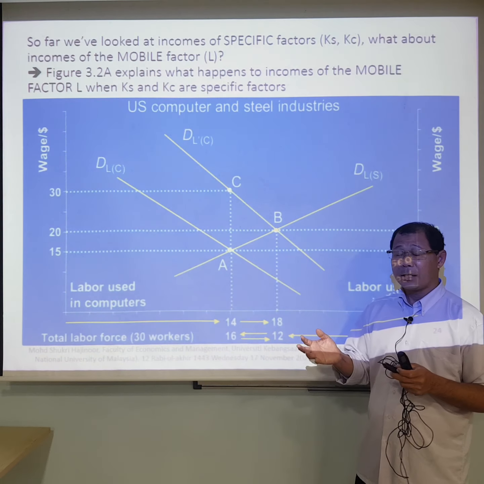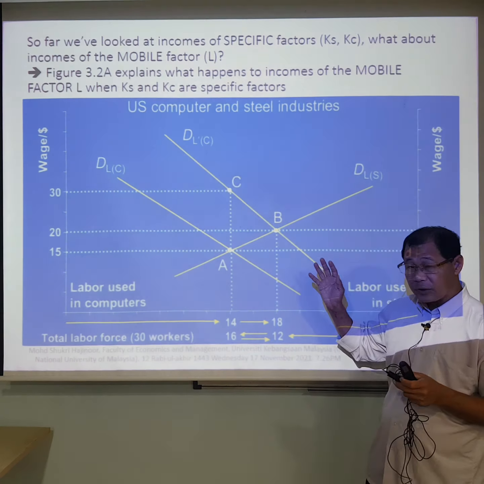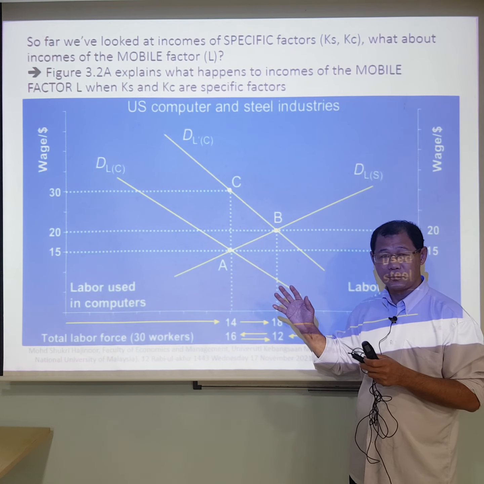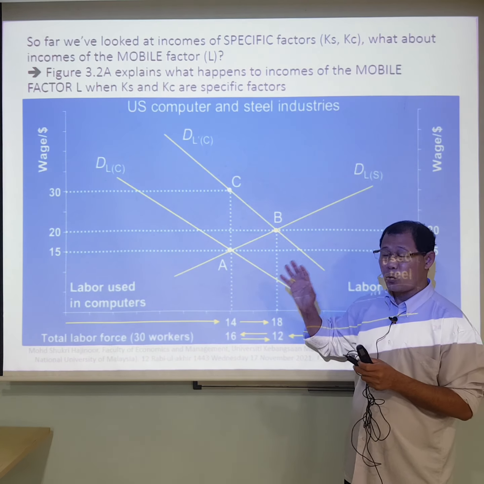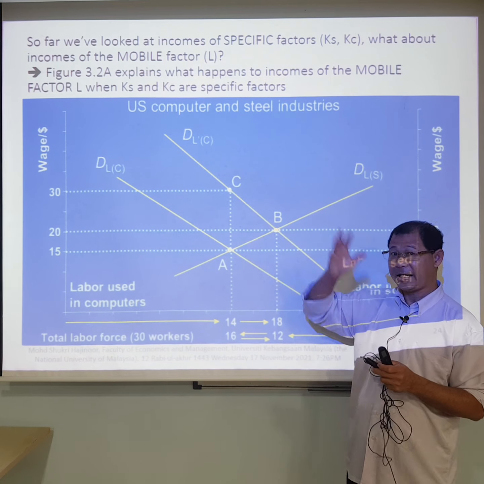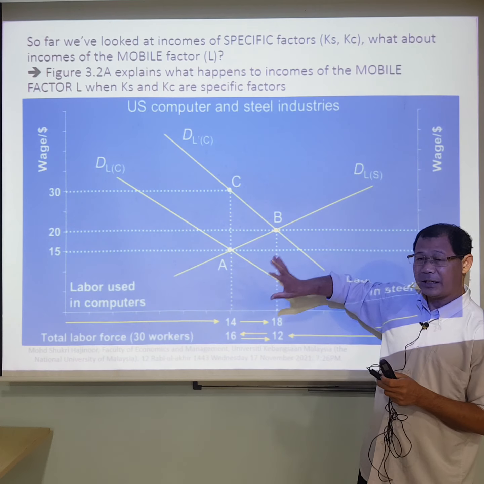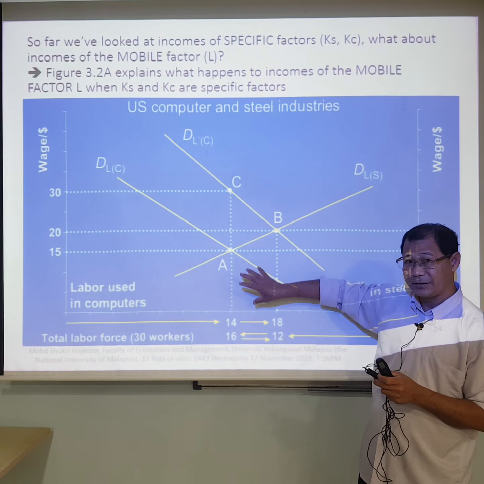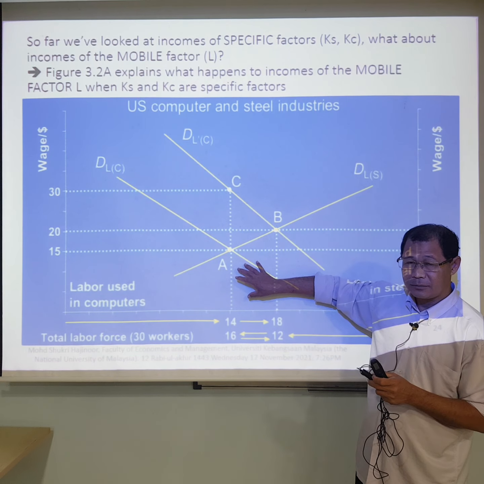But can we determine whether labor will gain or lose? So in this case, for the case when there is one factor that we assume specific, in this case K is specific, on the other hand, the mobile factor L, the result will be ambiguous.